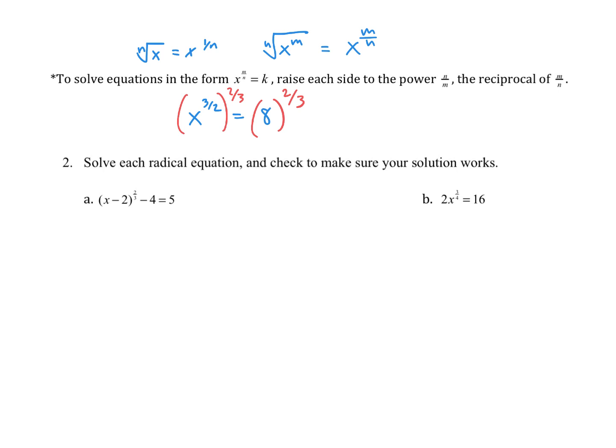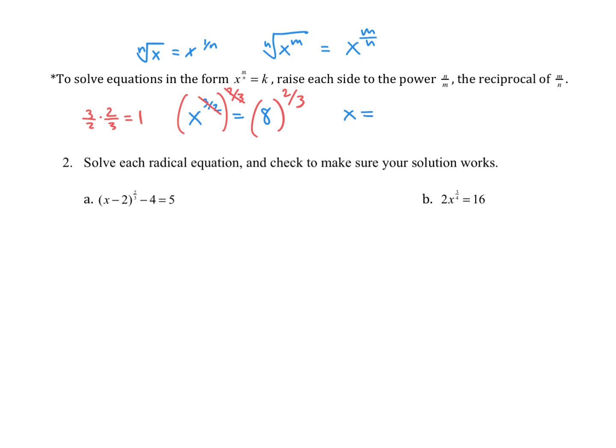And the reason this works is because 3 over 2 times 2 over 3 is just 1. When we multiply our exponents, those reciprocals cancel each other out, leaving us with x equals 8 to the 2/3.